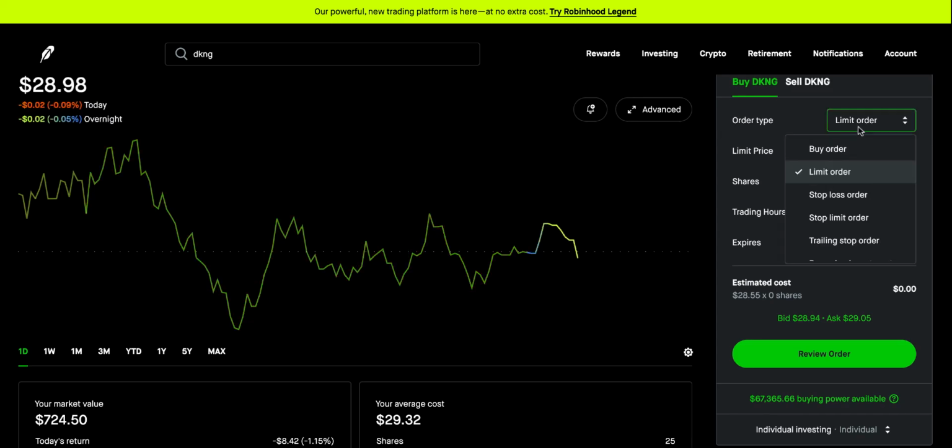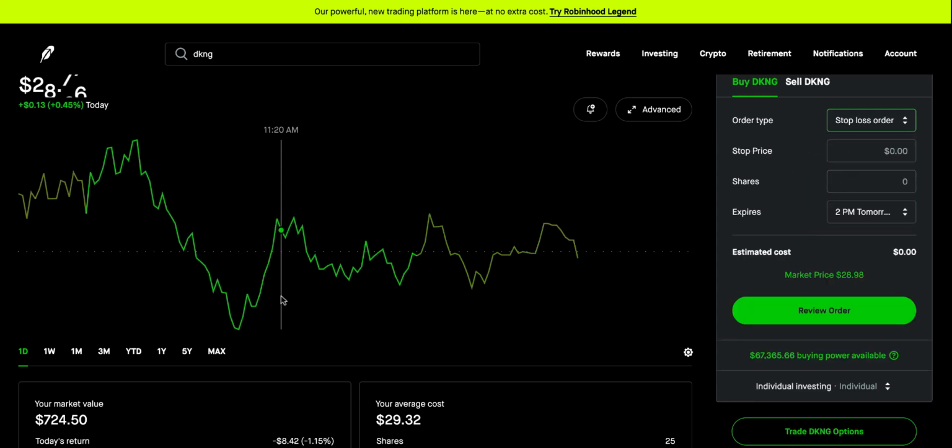When the price gets up here, 29.05, I would set a stop loss at $29. So if the price is coming up here, and then guess what? Boom, it goes below it. As soon as it passes $29, because that's my stop price, it's going to instantly sell my shares.